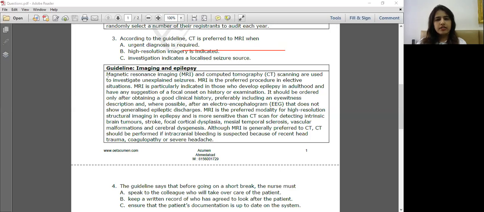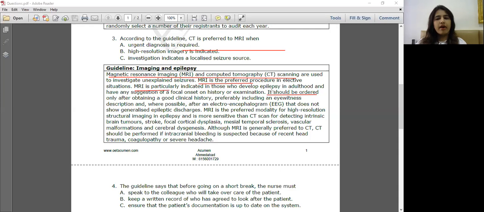So the first statement here talks about both MRI and CT scan. Then the second statement is more about MRI being the preferred procedure. Third is also about MRI. And then the next sentence says it should be ordered. Whenever 'it' or 'this' is used, it always represents the idea mentioned previously. That means this 'it should be ordered' is also for MRI.